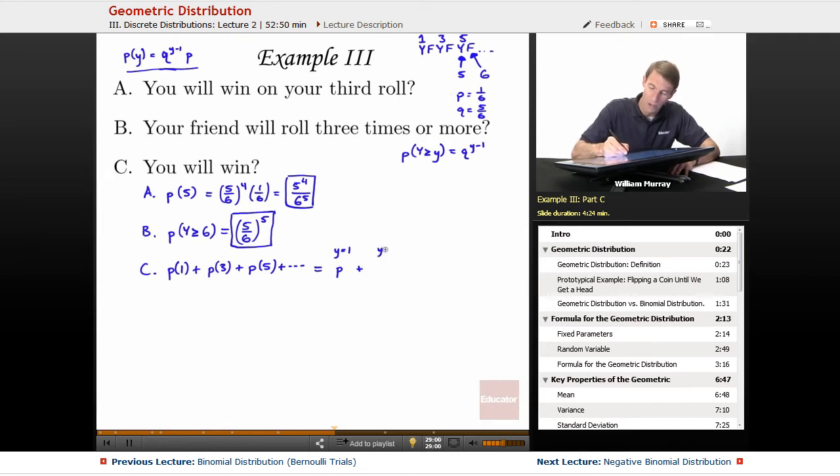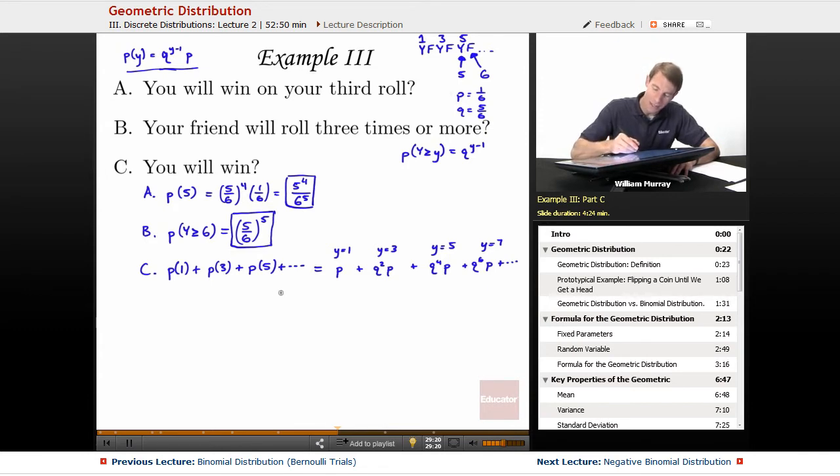Plus, when y is equal to 3, that's q squared p. Y is equal to 5 will give us q to the 4th p. Y is equal to 7, I'll fill in one more, plus q to the 6th p, and so on.